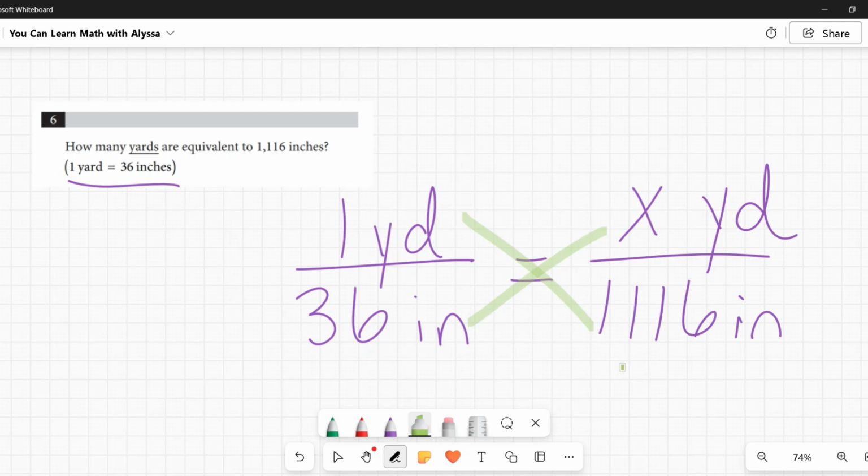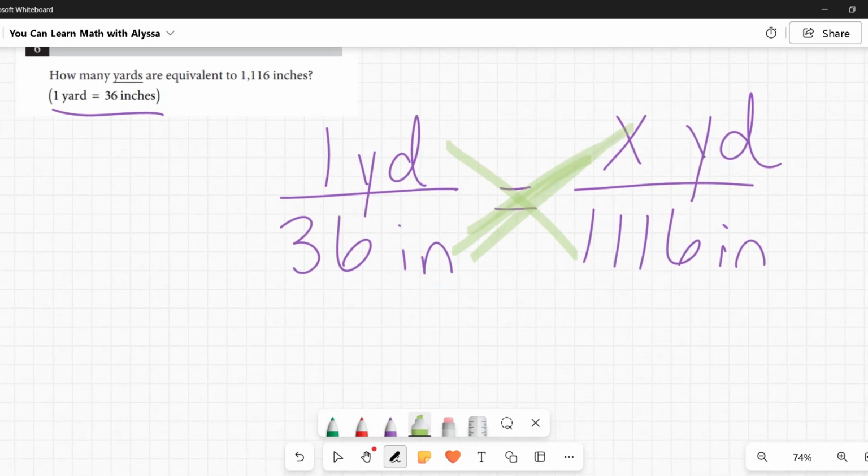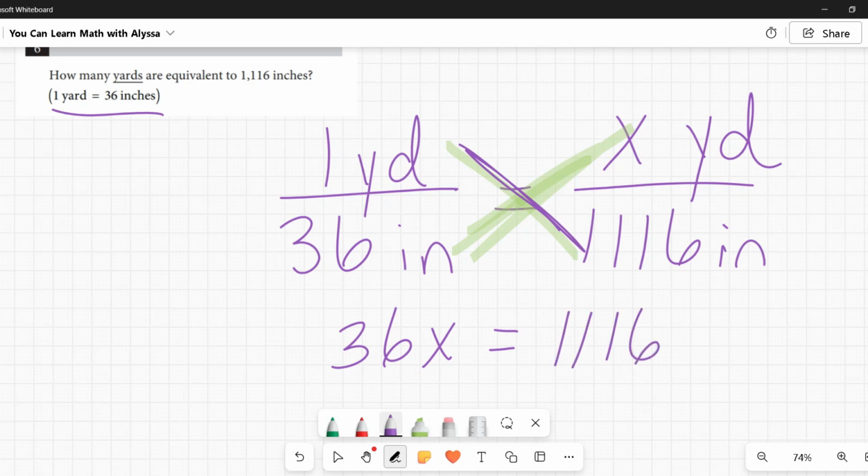So when we cross multiply, do first 36 inches times x yards. 36 times x is 36x. And the other way, I have 1 times 1,116. That's 1,116. So 36 times x equals 1,116. I want to undo what's been done to x.